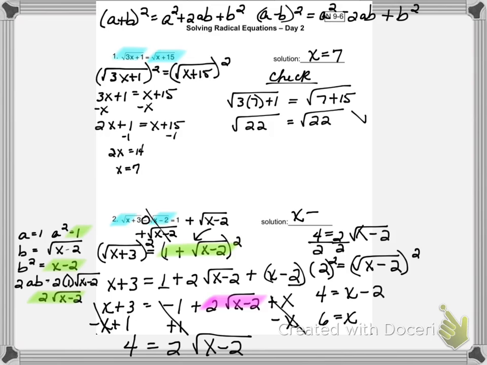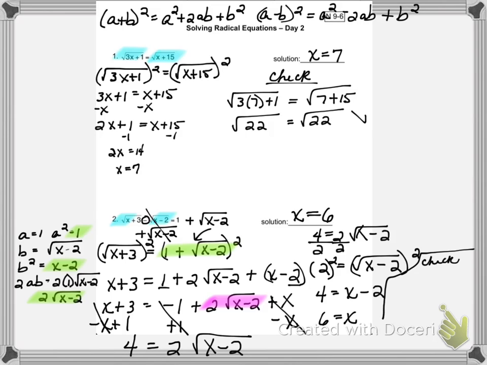So we're going to check and make sure that's a good answer, because if it's not, then we're going to have to take that off. So let's find a way to squeeze that check in here. We'll put our check here.